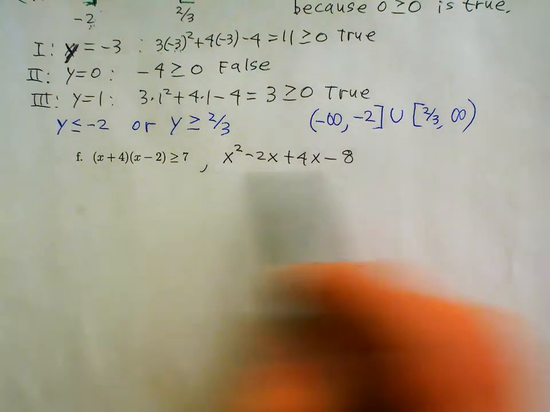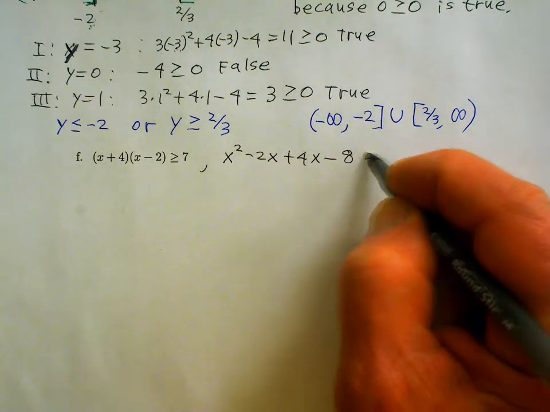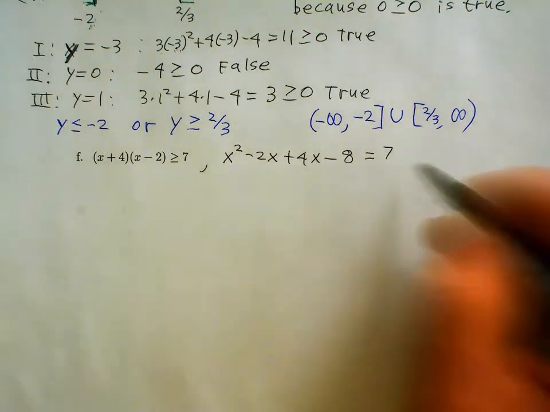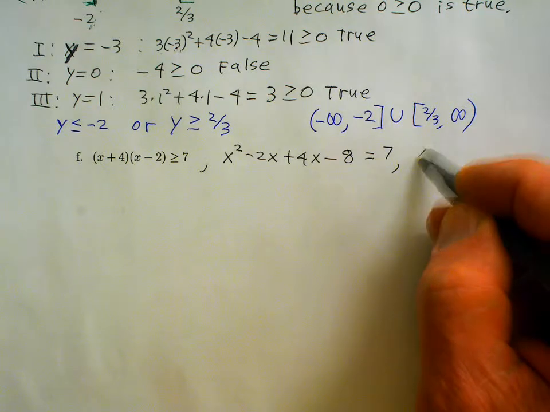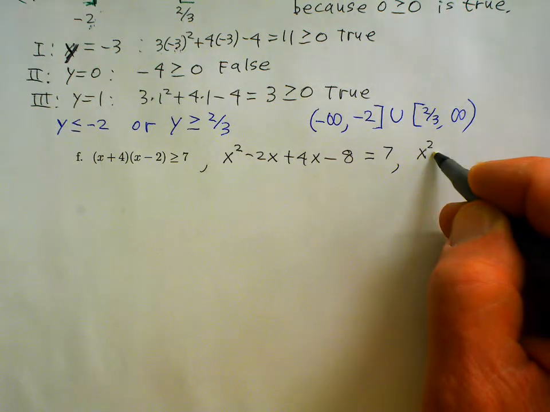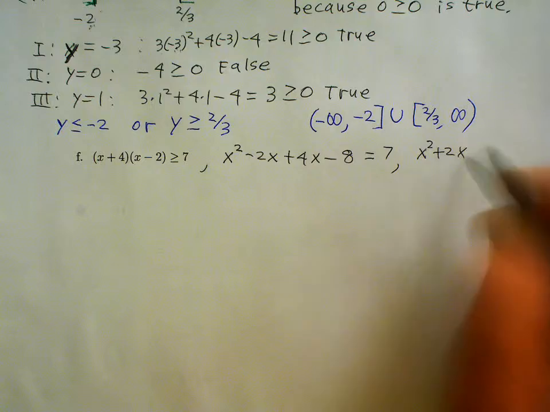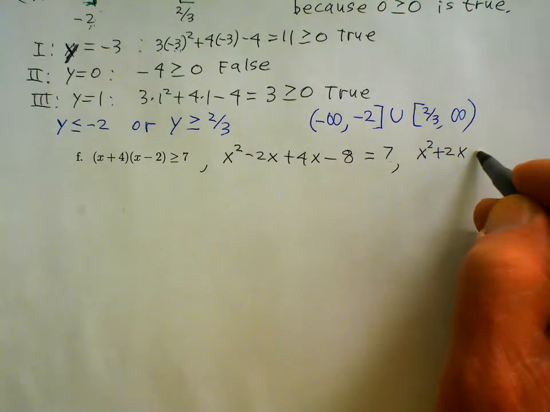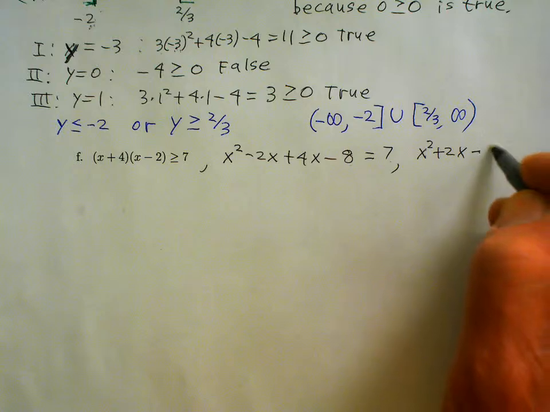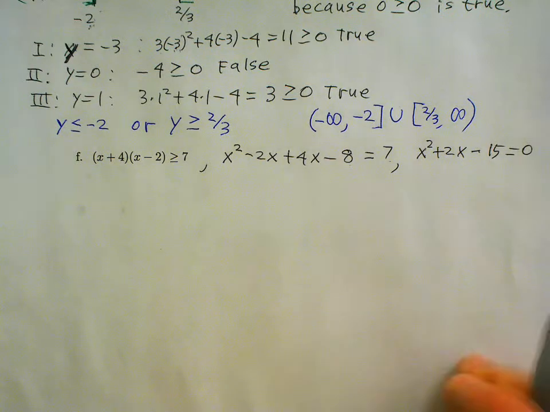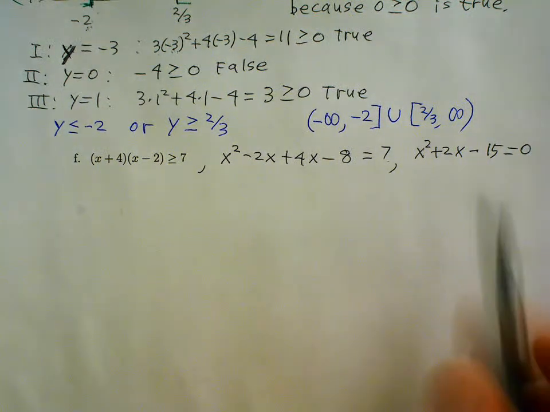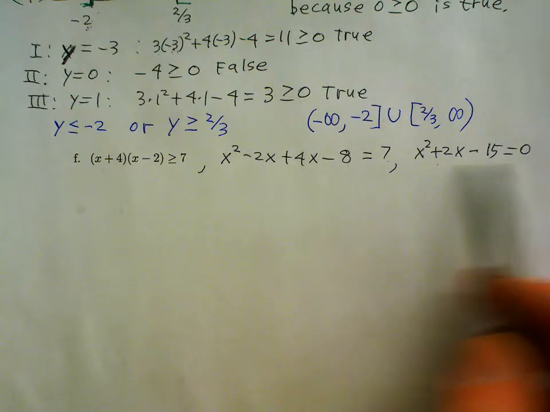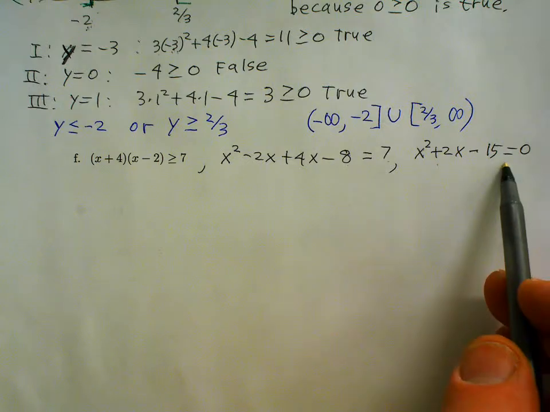We're trying to find the endpoint, so I'll set that equal to 7. And then x squared plus 2x, and then when we subtract 7, we get x squared plus 2x minus 15 equals 0.